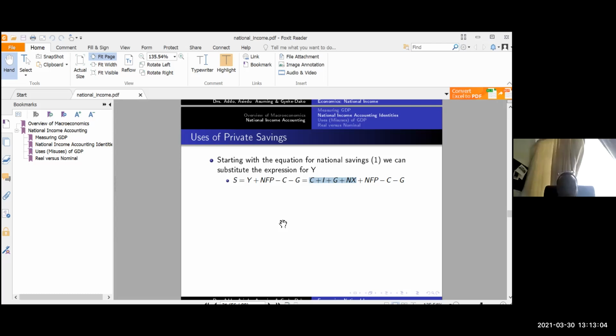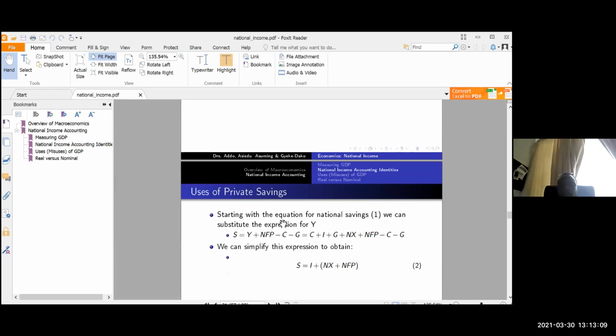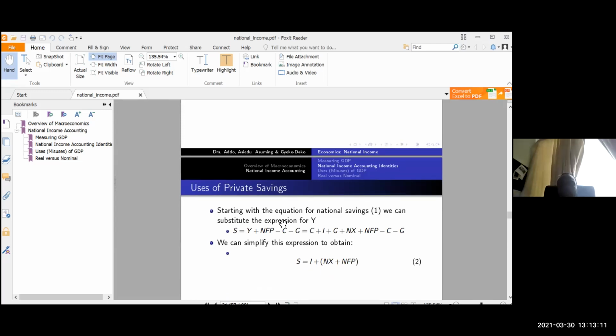We can always reorganize this, and that gives you savings equals investment plus NX plus NFP.